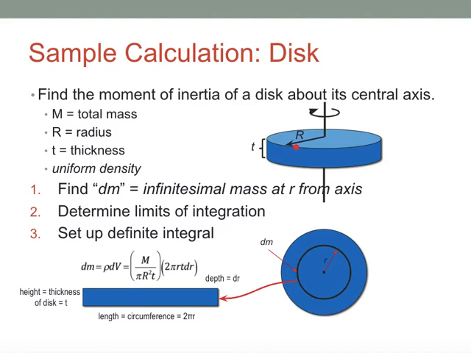The amount of mass that we have here is the density of the disk, which is the total mass of the disk divided by its total volume. Its total volume is pi r squared times the thickness t. Remember, t here is thickness, it's not time.